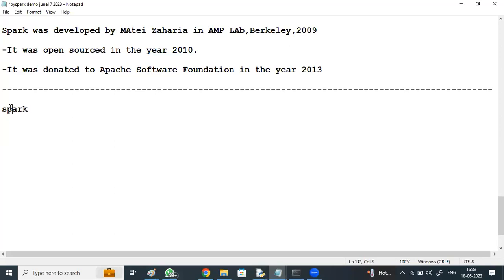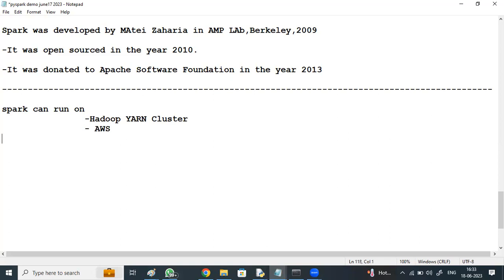Spark can run on a Hadoop Yarn cluster. It can run on AWS.